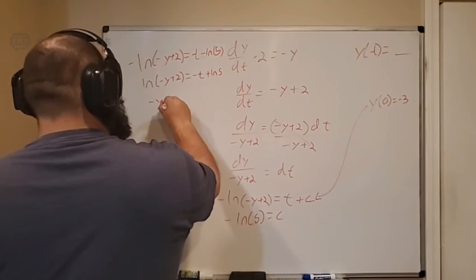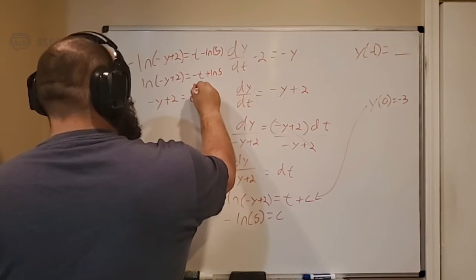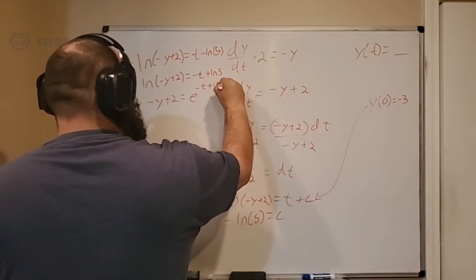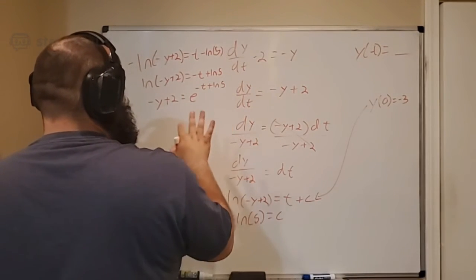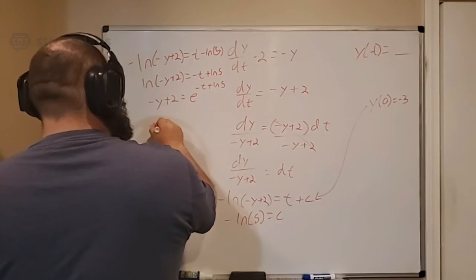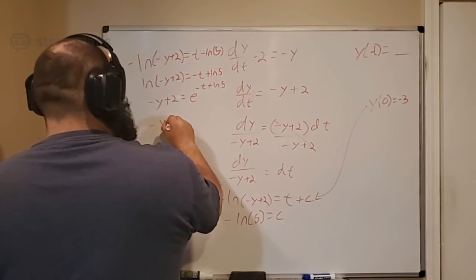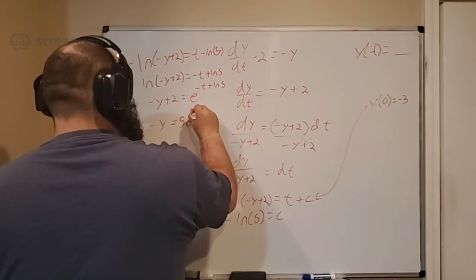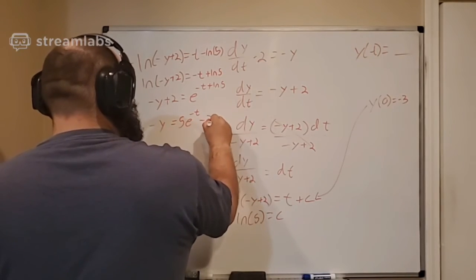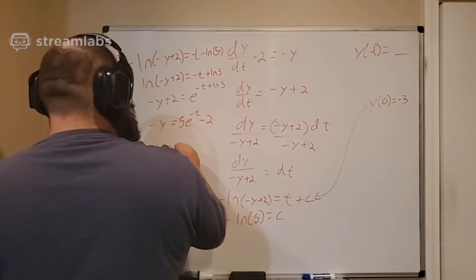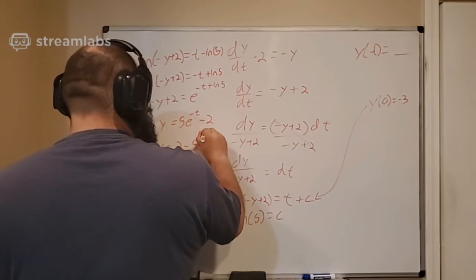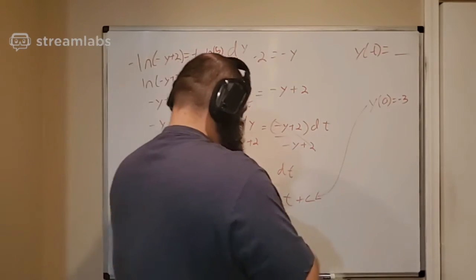So you get negative y is equal to 5e to the negative t minus 2, and then multiply by negative 1, you get y equals 2 minus 5e to the negative t. And yeah, I did it correct.